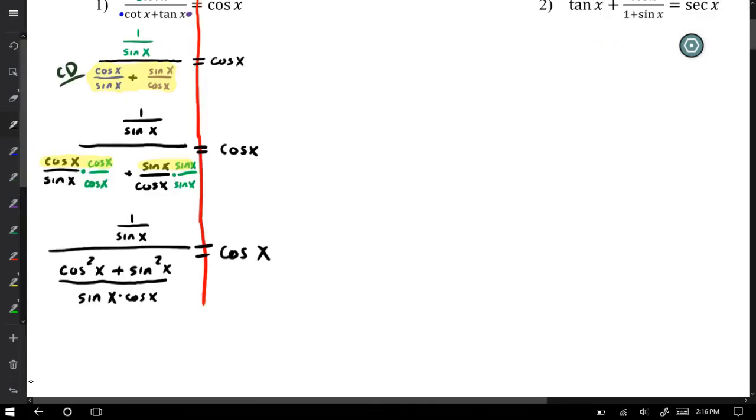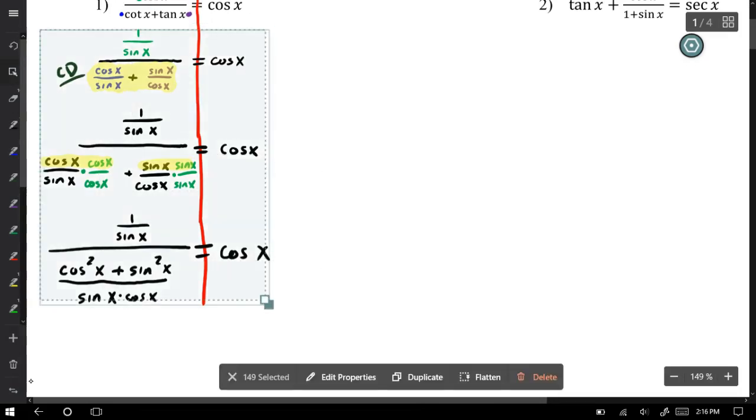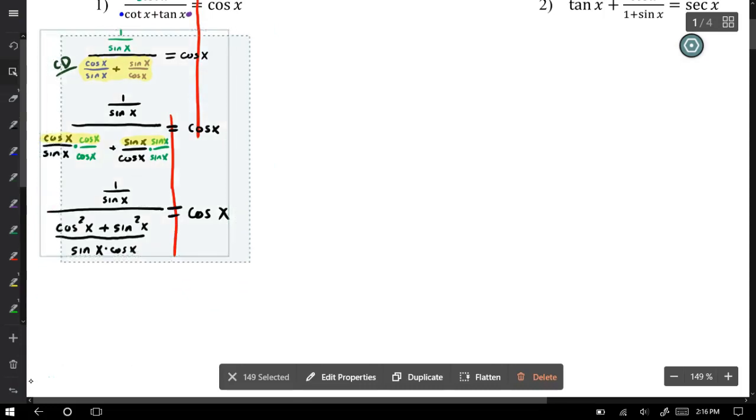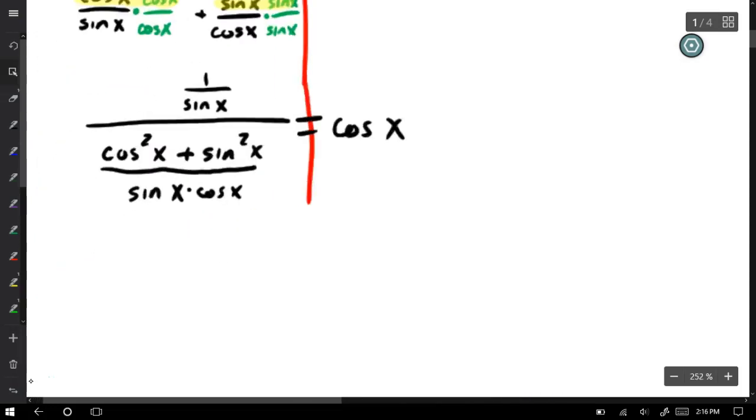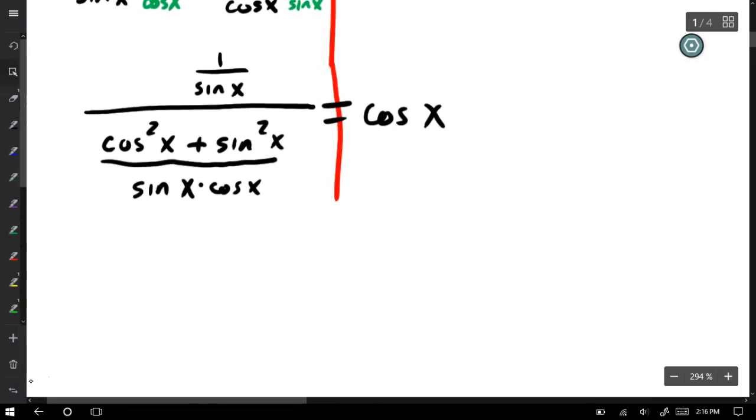So again, you may think, wow, this really hasn't helped so far with what we're doing because we still have fractions with fractions and it looks complicated. And you're kind of right. But we can make it work a little bit easier for us because I can look at it. Same idea, that 1 over sine of x we haven't touched yet. I'm going to leave it alone.